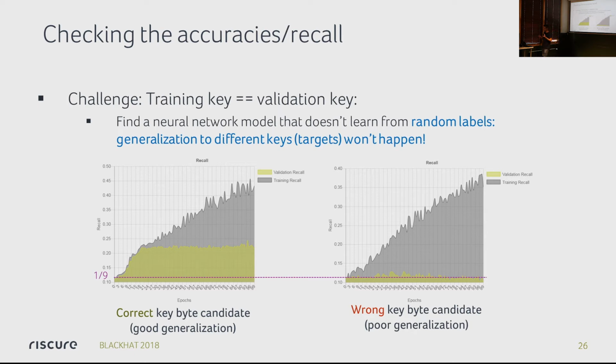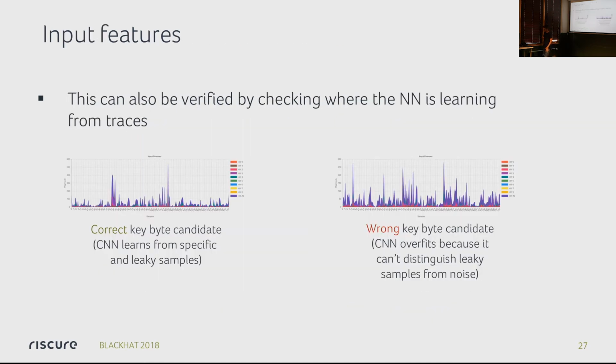So just using the recall, I can already see that the network doesn't validate something that is not the correct key candidate. But the most important thing is to visualize what the neural network learns from the target.